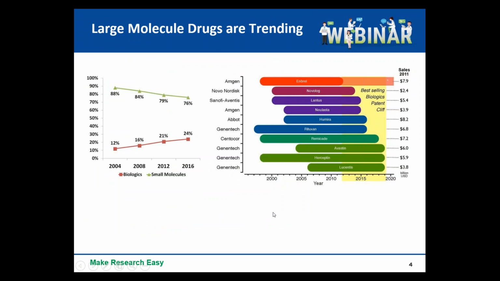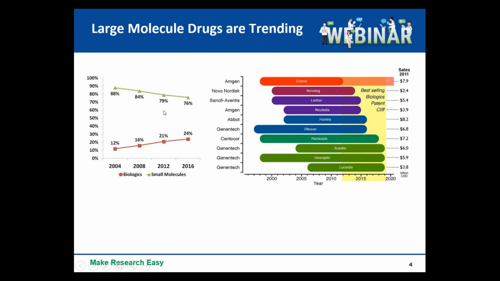And within that framework, large molecules are trending, and these figures show that effect. If you look at the chart on the left-hand side, at the market size, 100%, and break it down, 13 years ago biologics constituted only 12% of the market, and the rest were small molecules.